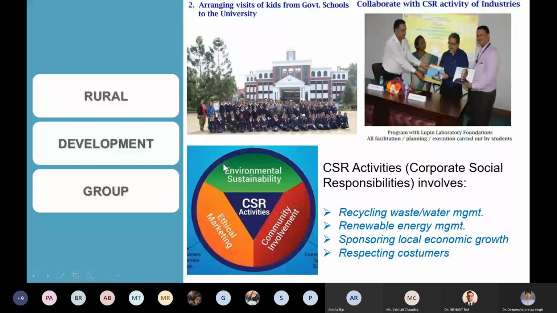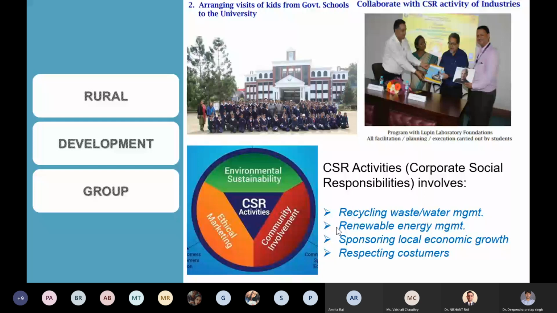It may include renewable energy management, like using solar power plants, and water and wastewater treatment. And community involvement includes sponsoring local economic growth. We hire local people and provide them education and all.